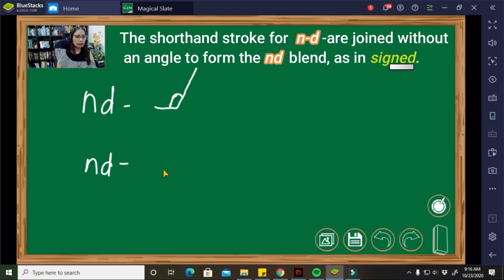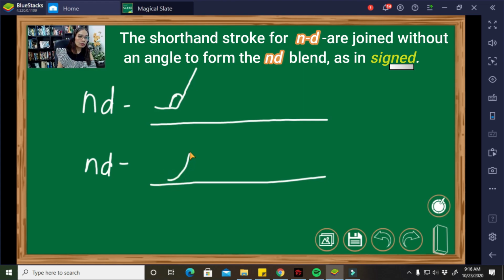If this is your line or space line, this is your blending stroke ND, occupying 2/3 of your space. It's just bigger than the size of the under-if. That's an ND blend. Let's have an example.